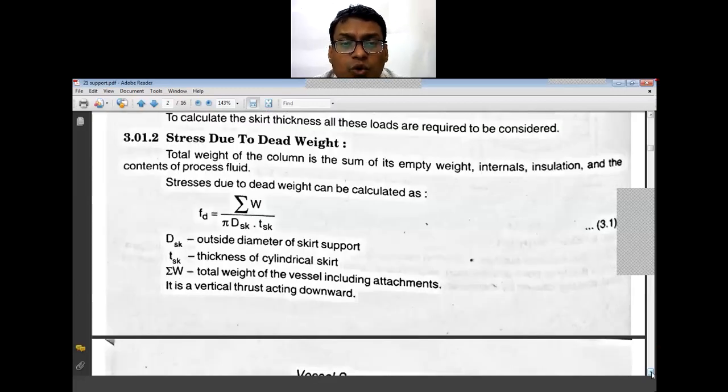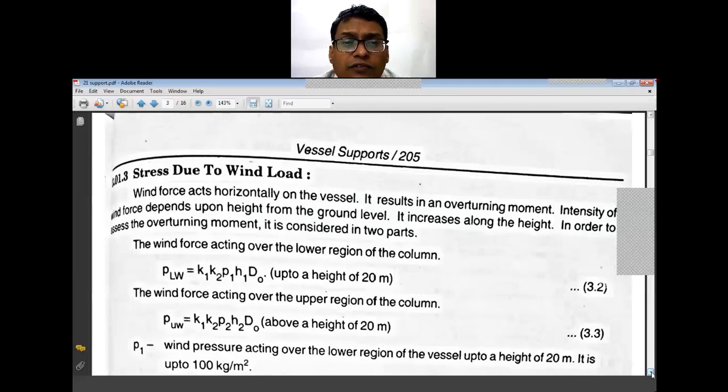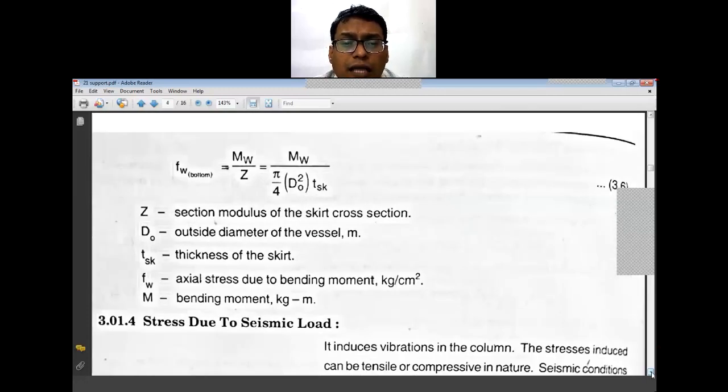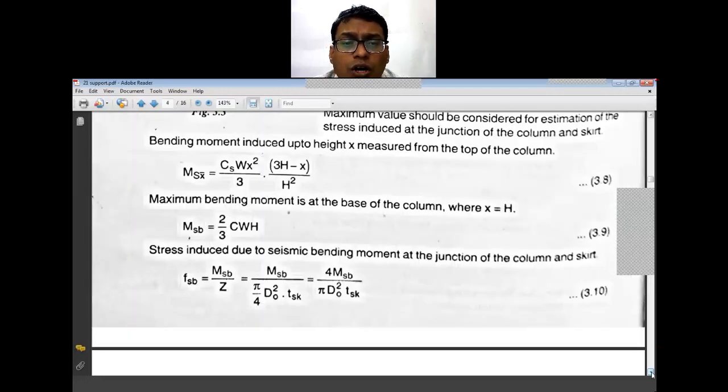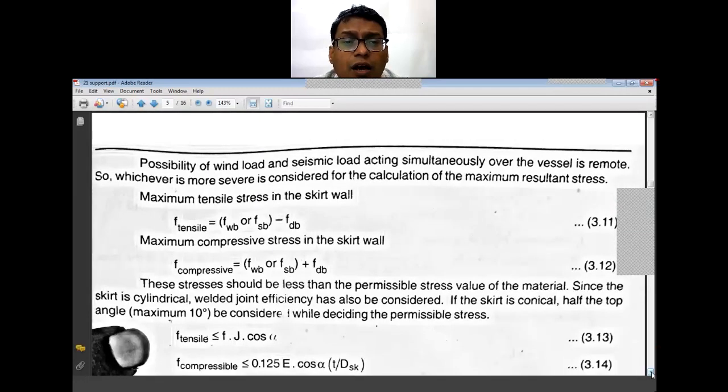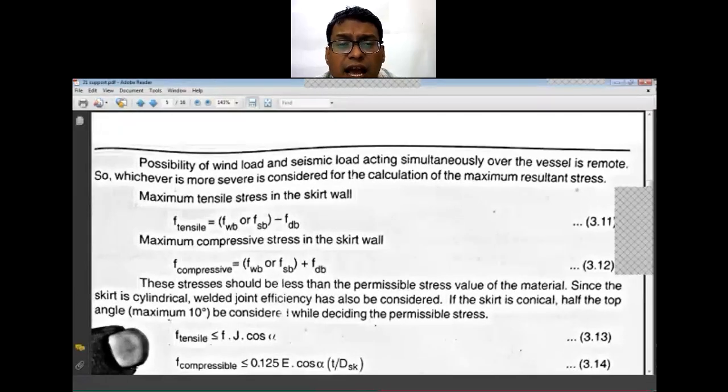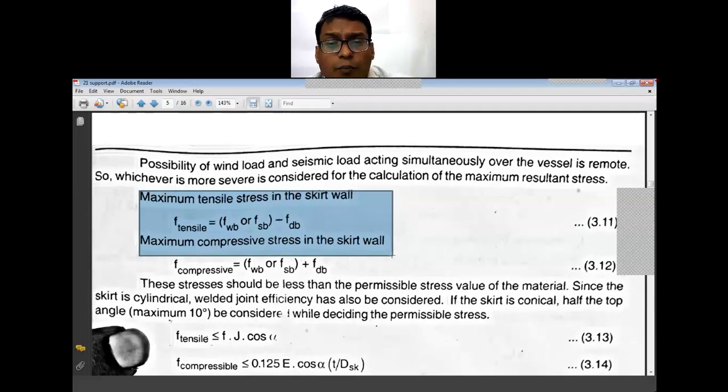From all these loads you can calculate the maximum tensile stresses and the maximum compressive stresses for the skirt support. So because of the different loads, what will be the stresses?